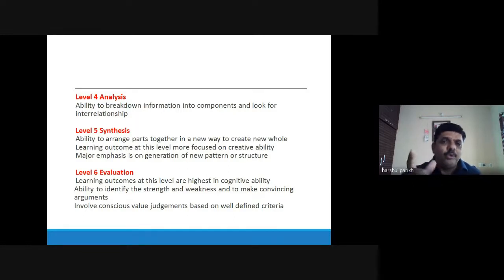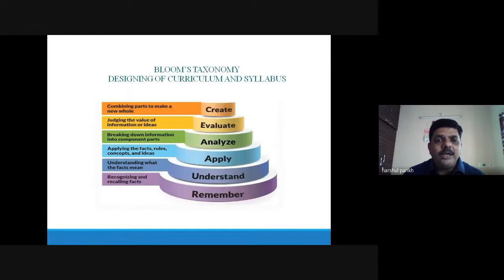And we can improve our pedagogy, our teaching approach, to improve the level of learning in the students. We call it Bloom's taxonomy, right? So remember, as you go up from remember to create, the cognitive ability is step by step increasing.